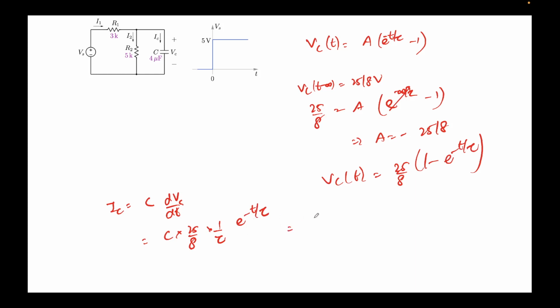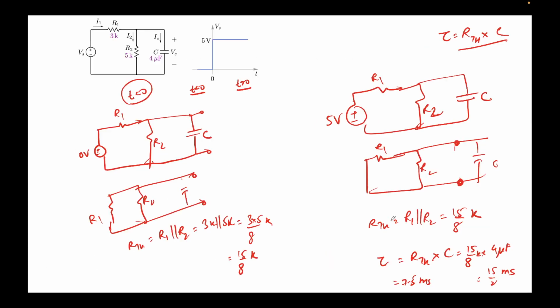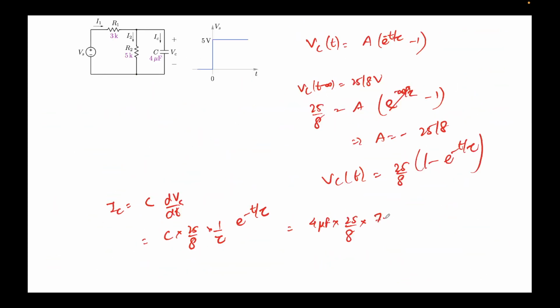So I'll try to plug in all the values. So 4 microfarad times 25 over 8 times 1 by tau, what was the time constant, 7.5 milliseconds, times e to the power minus t over tau.